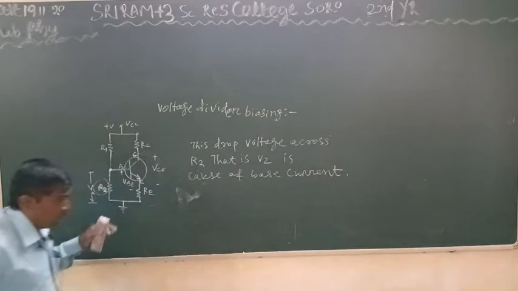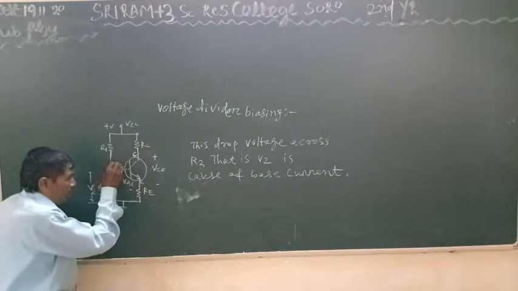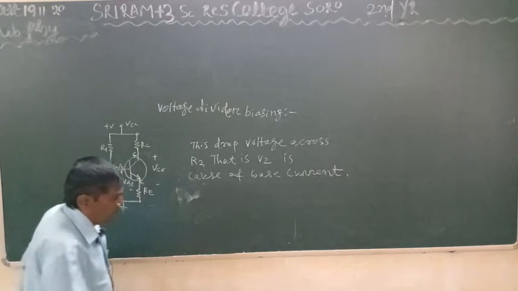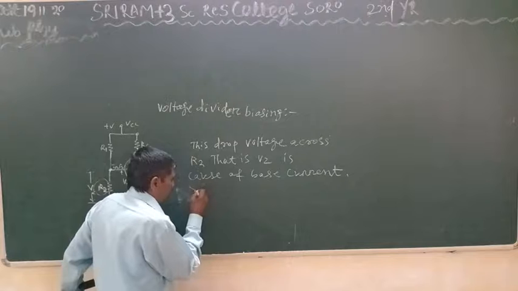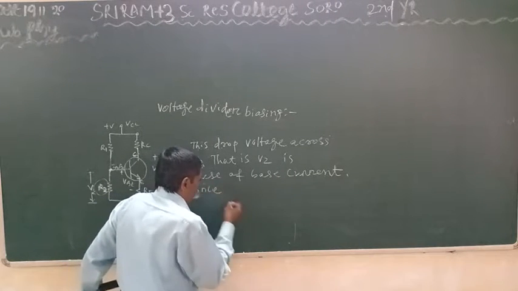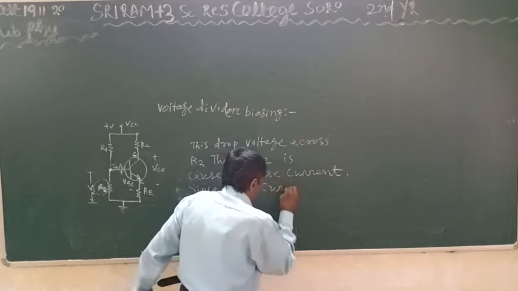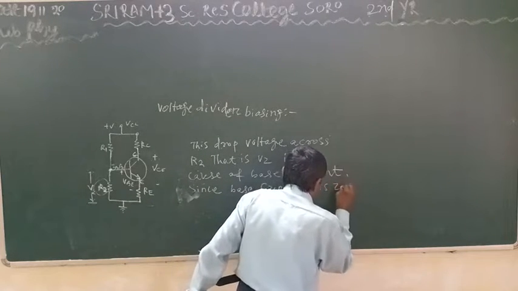This dropping voltage across R2 causes the base current, that is IB. Since IB is very negligible, here we write: since base current is 0.